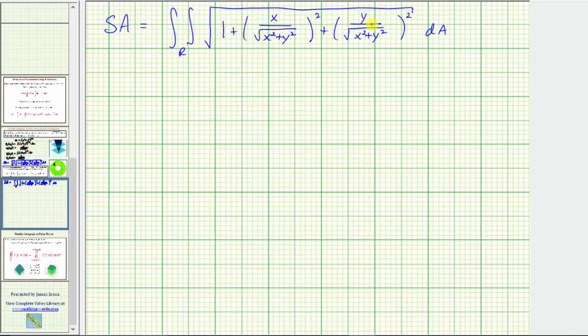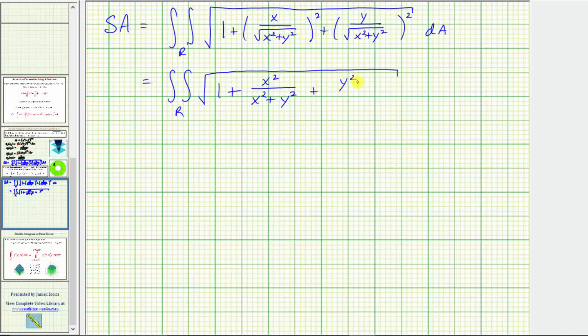For the next step, let's simplify the radicand. We have 1 plus, squaring this fraction, we get x squared divided by the quantity x squared plus y squared. Squaring the denominator undoes the square root, and then here we have plus y squared divided by the quantity x squared plus y squared. We do have a common denominator, so we can go ahead and add these two fractions.